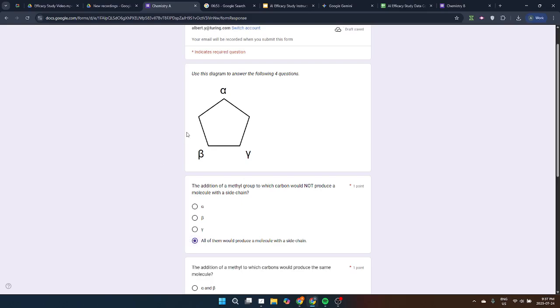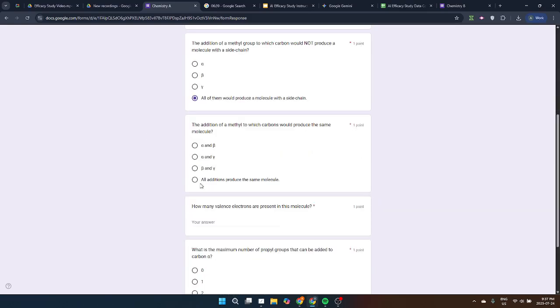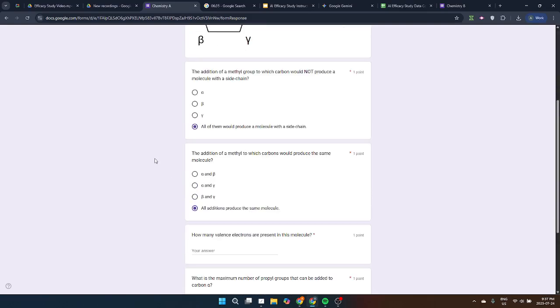All of them, because it's already a closed loop. It's already a ring, doesn't matter which one you add. It's just going to be symmetrical either way. The addition of a methyl to which carbons would produce the same molecule? All of them.